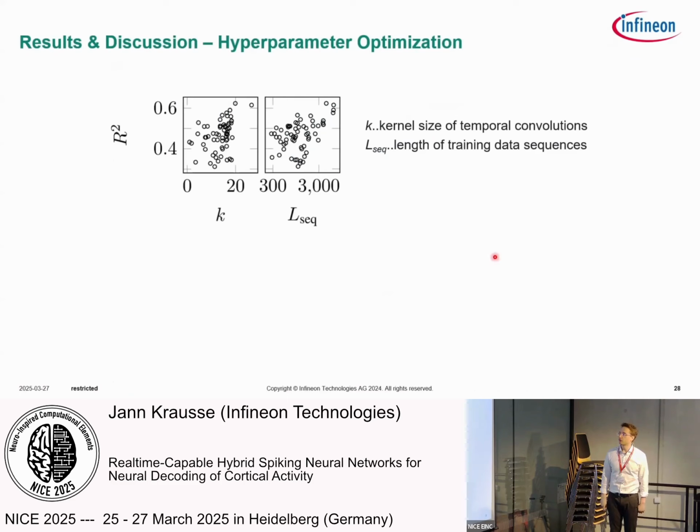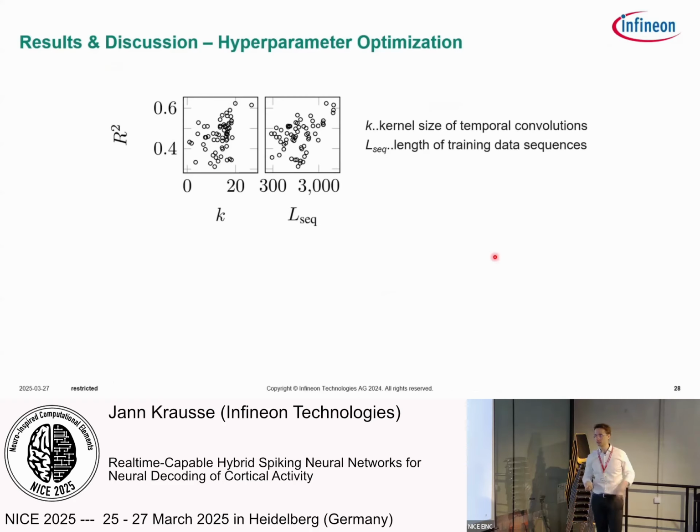Okay, I will give you also some results from the hyperparameter optimization. There are many hyperparameters that we actually optimized in order to squeeze out every last bit of accuracy from the models. Two things I think are very interesting. First, increasing the temporal kernel size seems to have one of the best influences on getting a large accuracy.